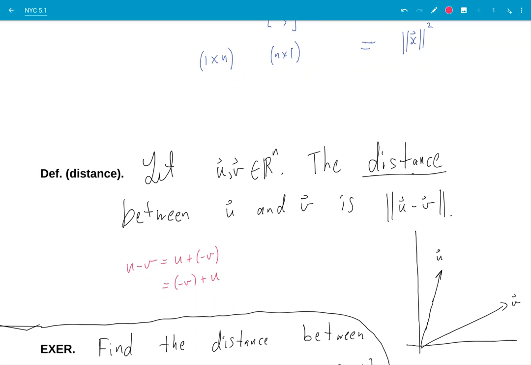So you can imagine starting here at the tip of v, and you go negative v, and then you go plus u. So you end up here. Connect those points with a vector. That is the vector u minus v.